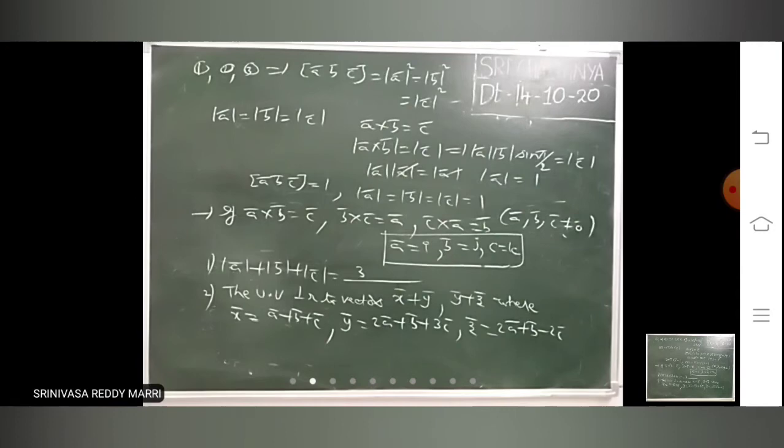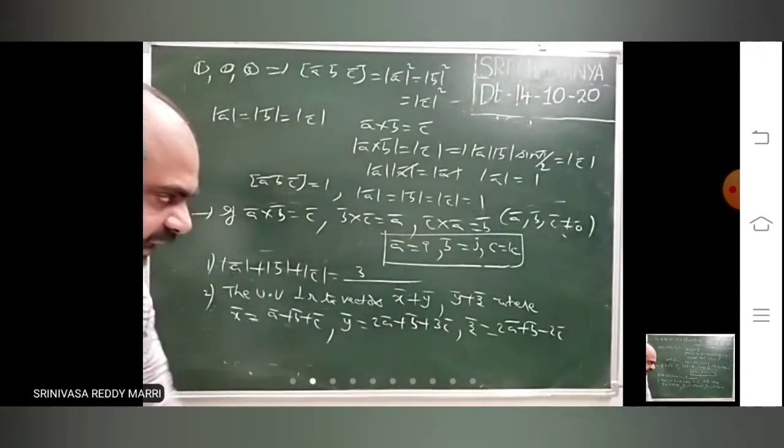So the second question is asking for the unit vector perpendicular to the vectors.